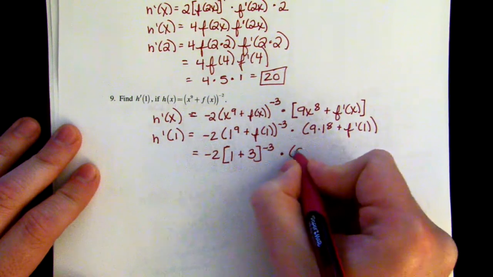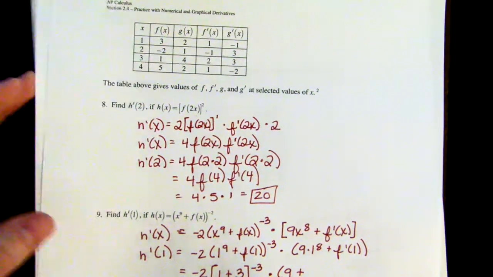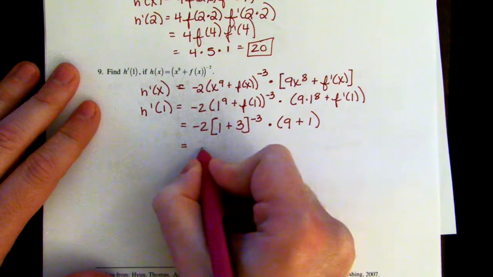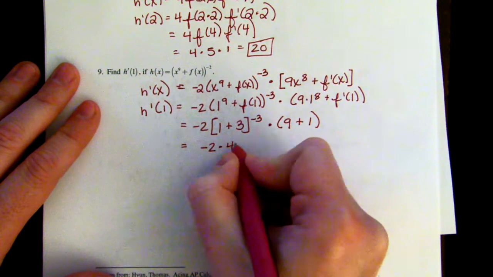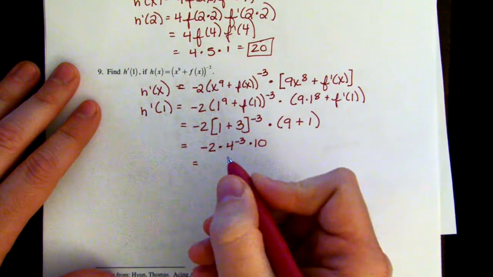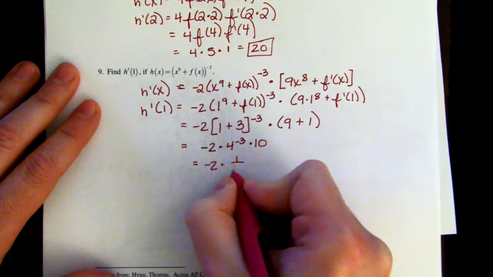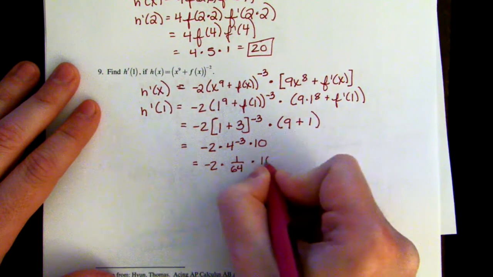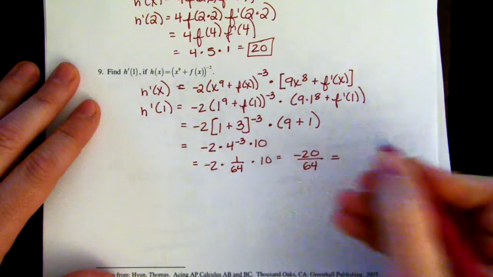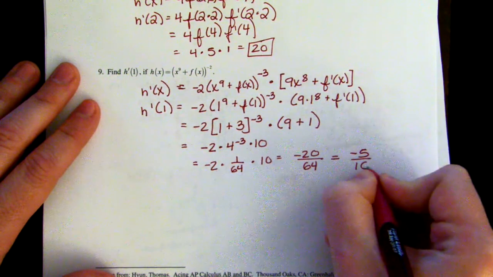Times, okay, that's a 9 plus f prime of 1 is 1. So, negative 2 times 4 to the negative 3rd times 10. 4 to the negative 3rd, 1 over 4 cubed is going to be 1 over 64. Times 10, I'm thinking negative 20 over 64. We can divide by 4, so negative 5/16.